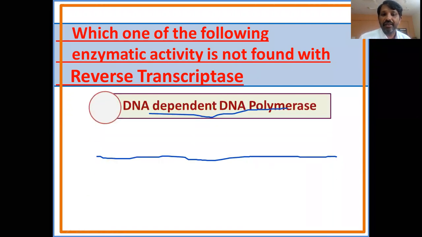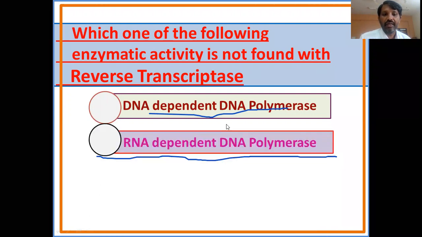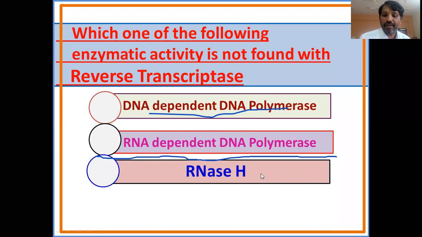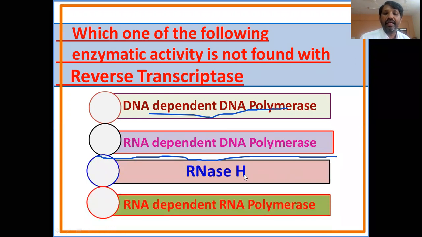DNA dependent DNA polymerase, RNA dependent DNA polymerase, RNase H, and finally RNA dependent RNA polymerase.